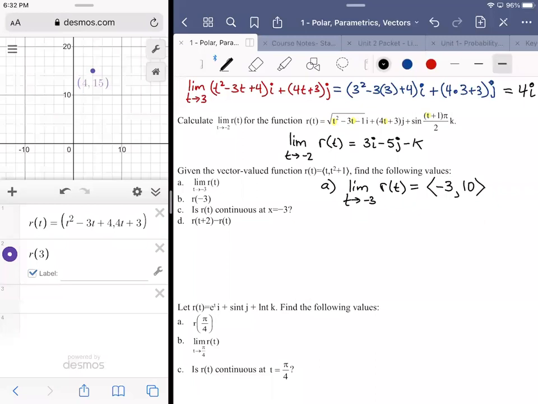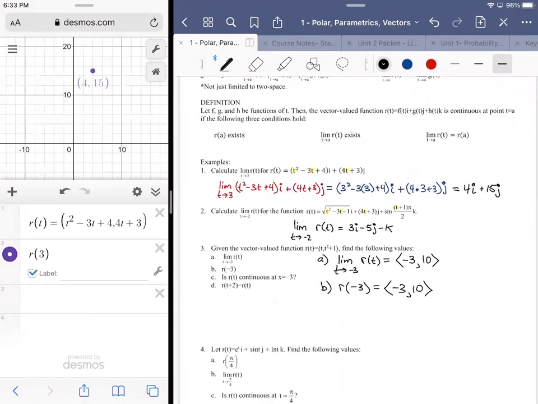Now, in part B, it kind of seems strange to ask what seems to be literally the same question again. But there is a purpose behind it. And unfortunately, I'm trying not to get on a soapbox here, but in Calc 1, this is one of the topics that are most commonly skipped.